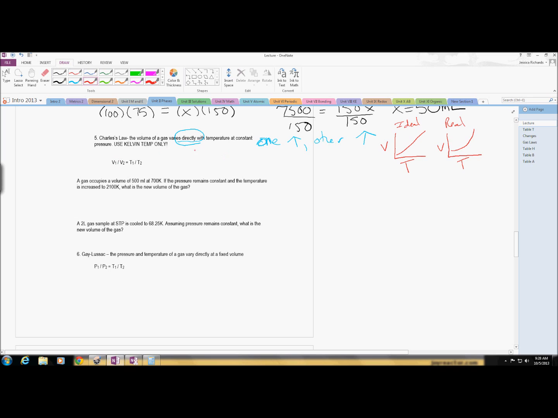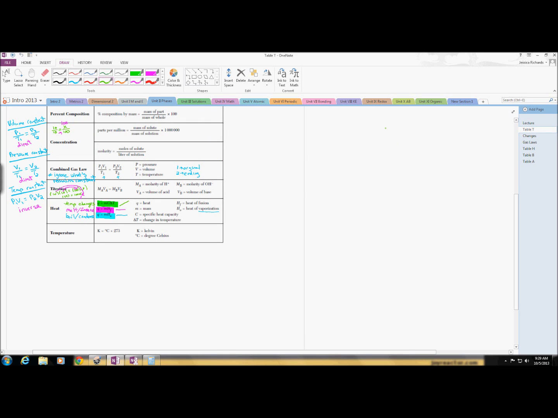If we look at this proportion, V1 over V2 equals T1 over T2. It's a direct relationship, so your initial volume and your initial temperature, both at the top, your ending volume and your ending temperature, both at the bottom. That will be the same as the equation that we find on reference table T. Combined gas law equation, here it is.